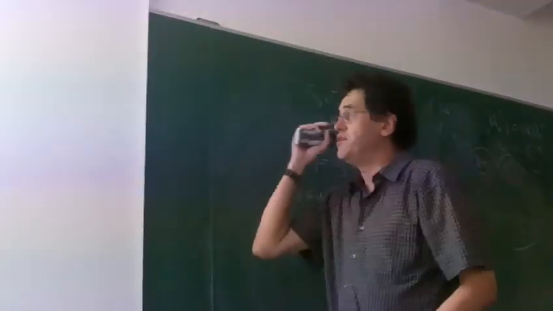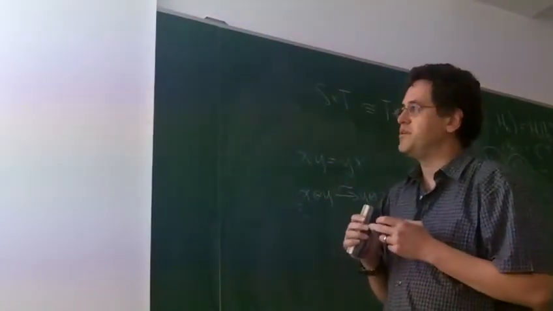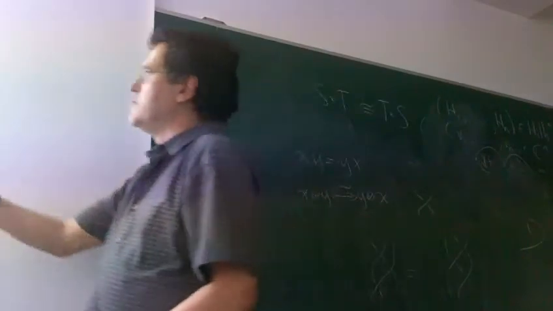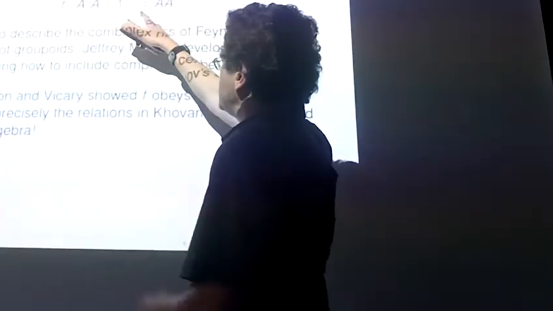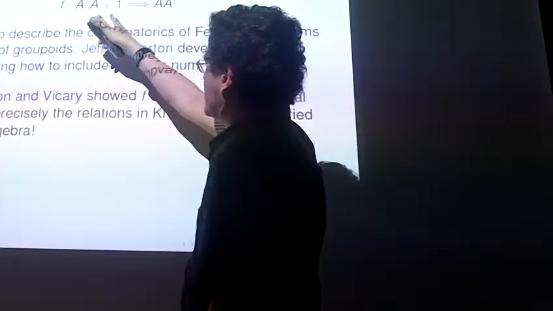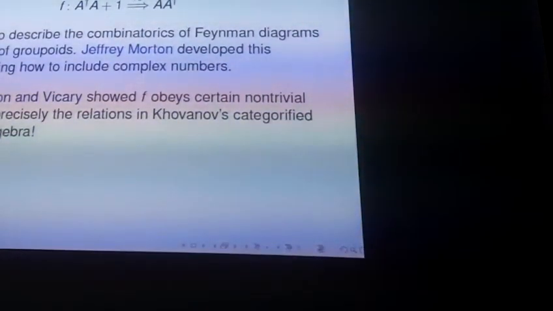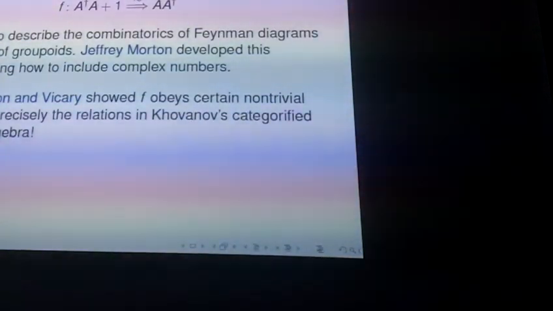James Dolan and I noticed this in 2000. We noticed that we could categorify the Heisenberg algebra by using spans of groupoids as a substitute for operators, and then we got this isomorphism here as a substitute for the relation in the Heisenberg algebra.